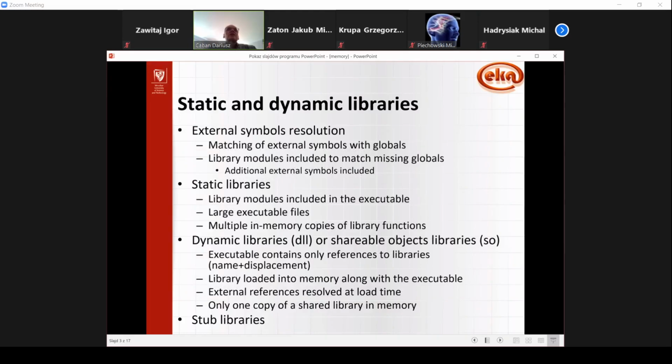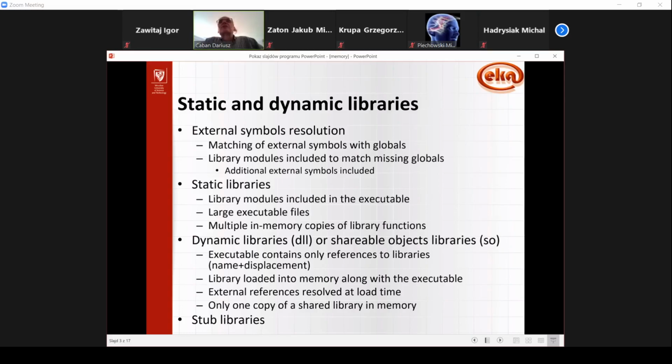And as I have said, a very important part of this is that you always have inside the operating systems some libraries that you will be using.